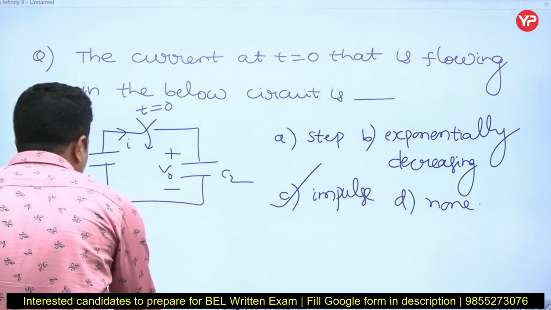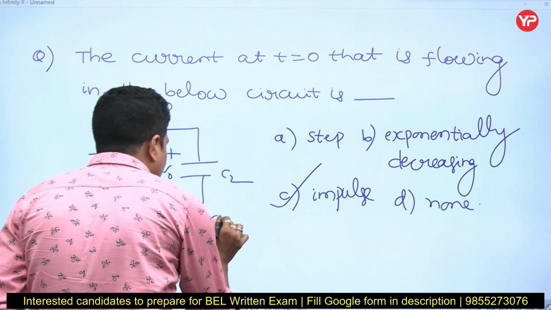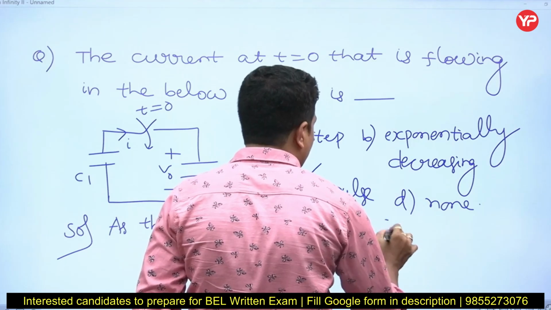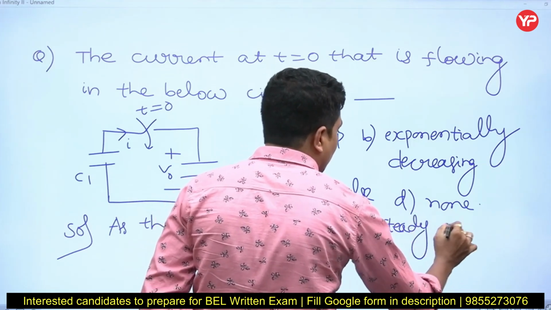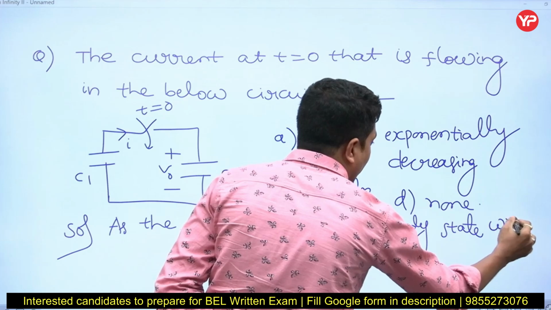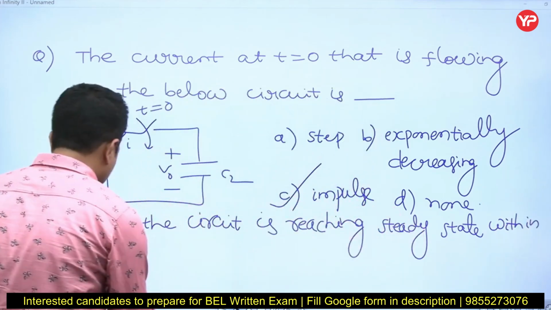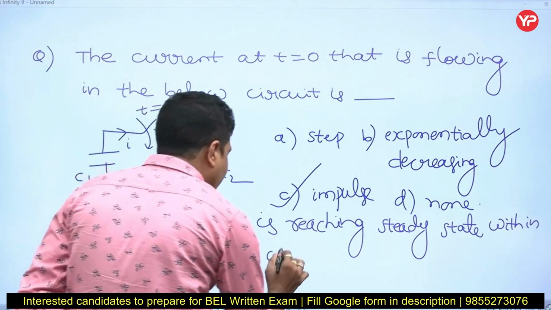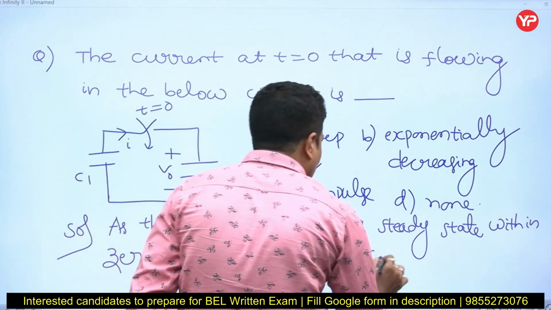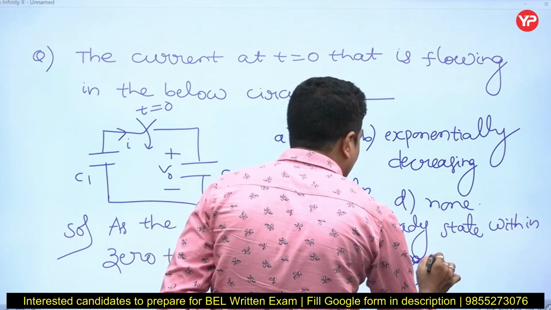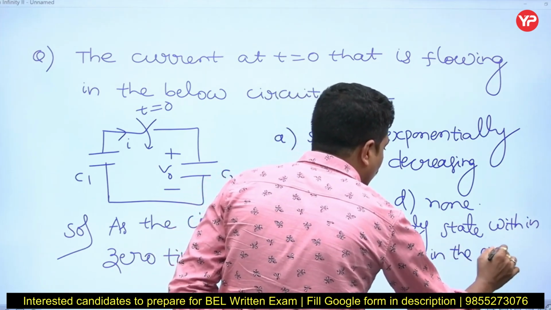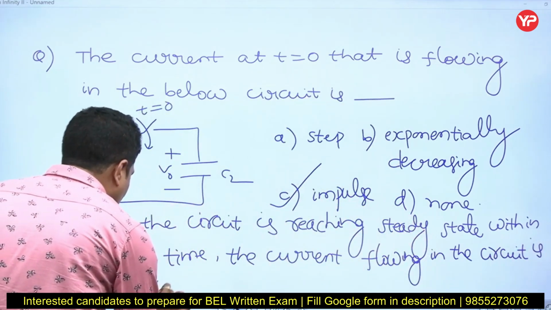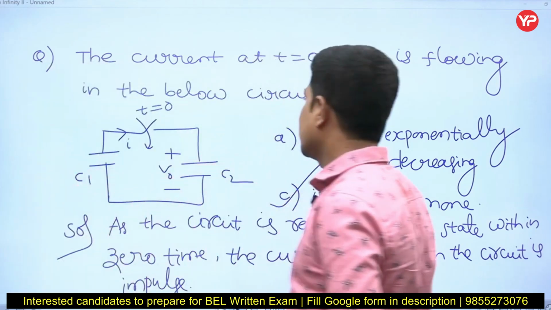So as the circuit is reaching steady state within 0 time, the current flowing in the circuit is impulse. Answer is impulse, right?